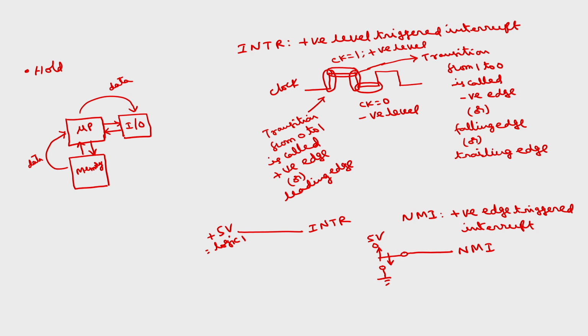This is a time consuming process. For small data transfers we can use this process, but if the data to be transferred is huge, this is a time consuming process. So, instead of that, if I directly transfer the data from memory to IO or IO to memory, this is called direct memory access, DMA.